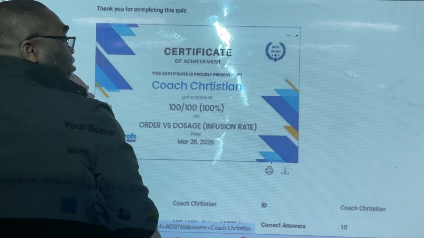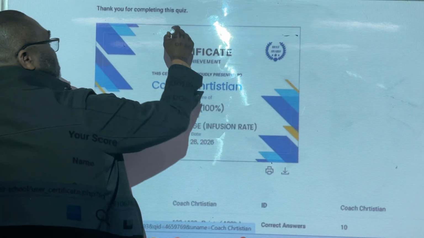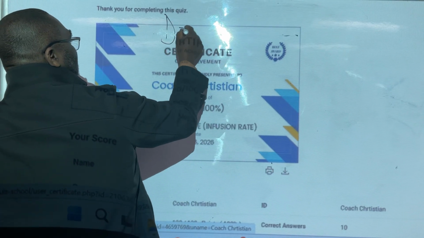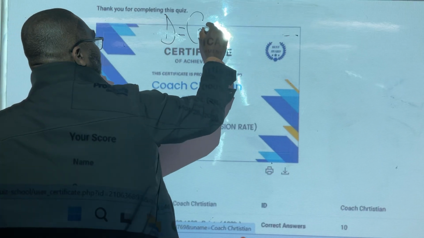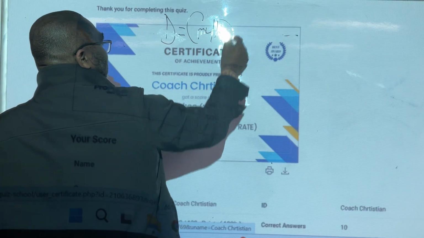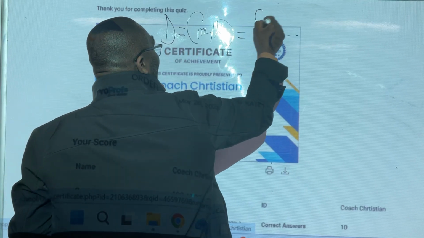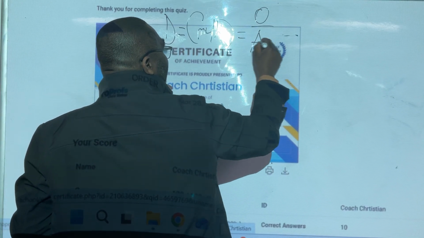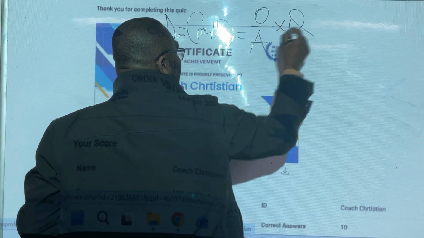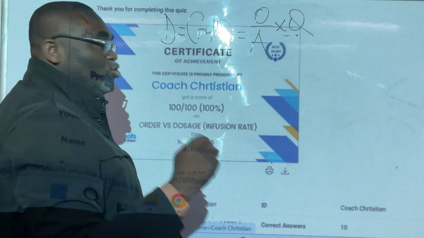As we are closing this section, remember your dosage is only used whenever you are looking for milliliter per hour for the infusion. Only there are you going to use order, available, time, quantity. How will you know this is your order?